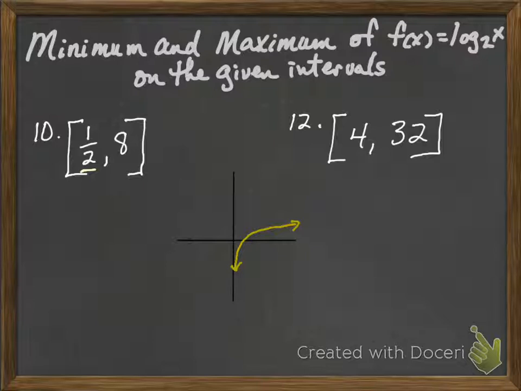And at 1/2, my minimum is -1. And then I'm going to scroll up to where I find 8. 6.5, 7.5. There's 8. 8 is 3. So I have a maximum at 8. My maximum is 3.